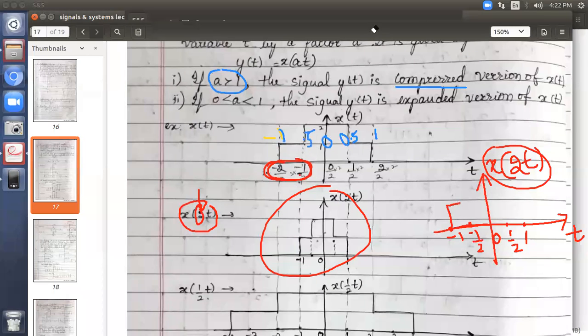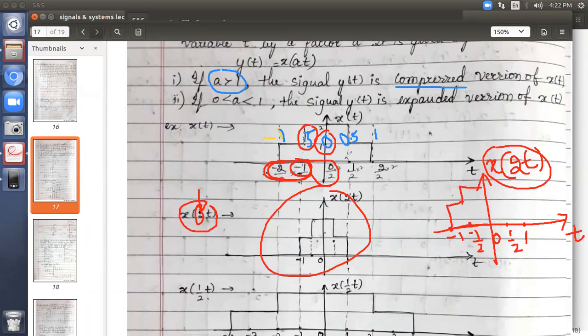Now, coming to the next point, we will take the next one between -1 to 0. Earlier, between -1 to 0, you have this amplitude, a step. But now, what is the new time range? The new time range will be -0.5 to 0. This should be continued between -0.5 to 0, one more step.